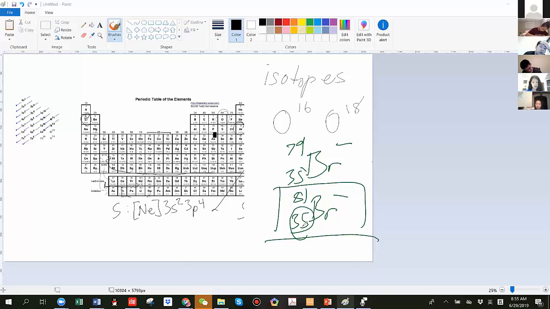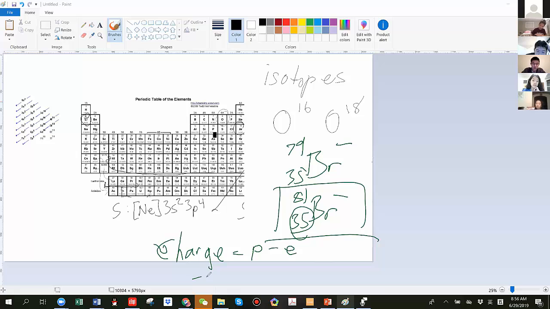Remember, charge equals the number of protons minus the number of electrons.